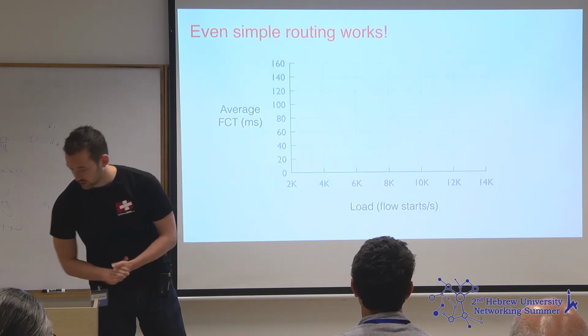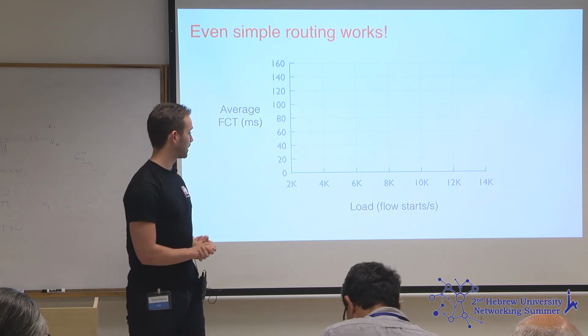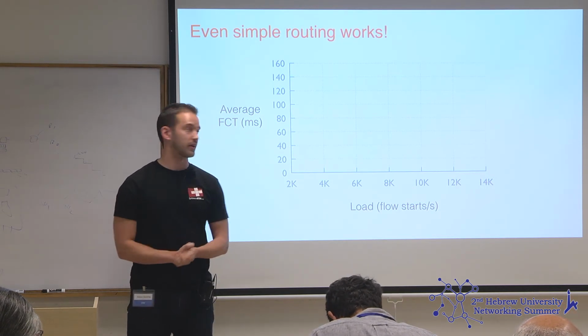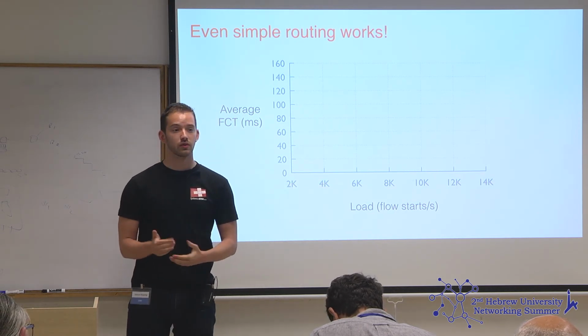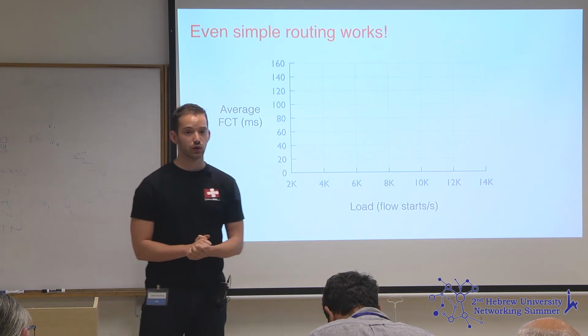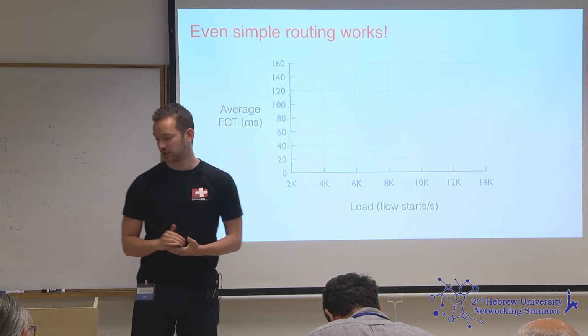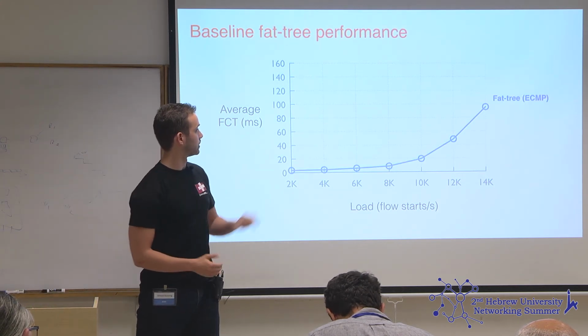So we did a packet level simulation for a rather common workload, a skewed workload. On the x-axis, again, we have the amount of load that's put into the network, and on the y-axis, we have the average flow completion time. A lower flow completion time is better. First, the fat tree performance using ECMP.